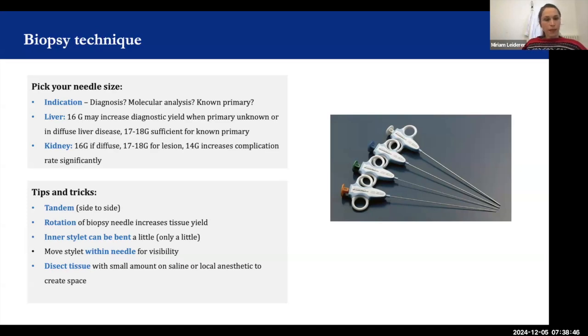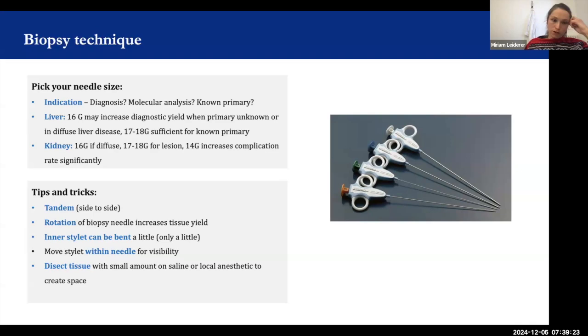So you can first introduce a small, thin needle that won't do too much damage if you place it in the wrong place, and then you place your biopsy needle side to side, parallel to that needle. Usually you'd use that technique in CT guided biopsies. You could bend the inner stylet just a little bit if that helps your access, but not too much, otherwise the biopsy gun won't work anymore.